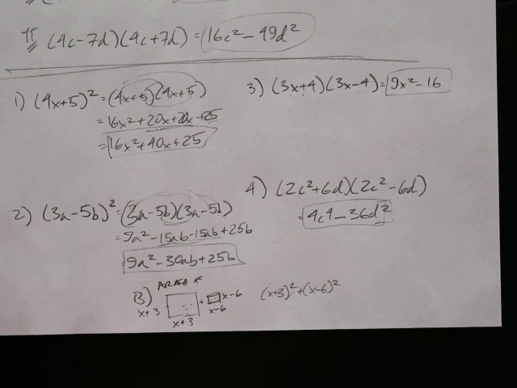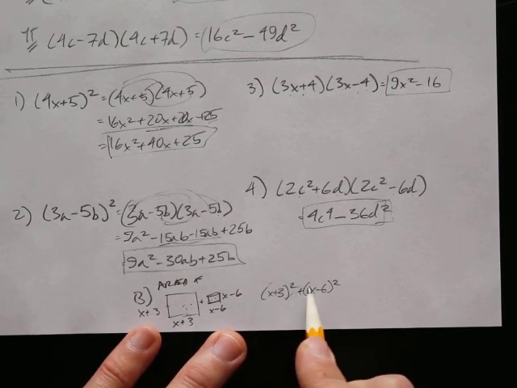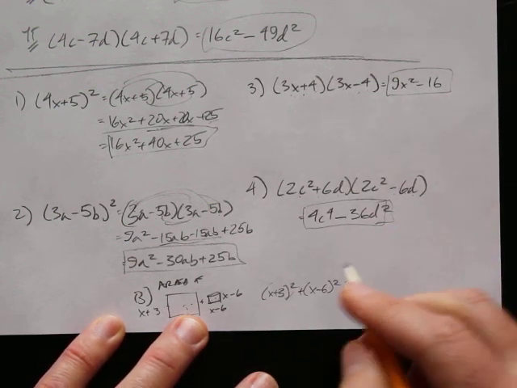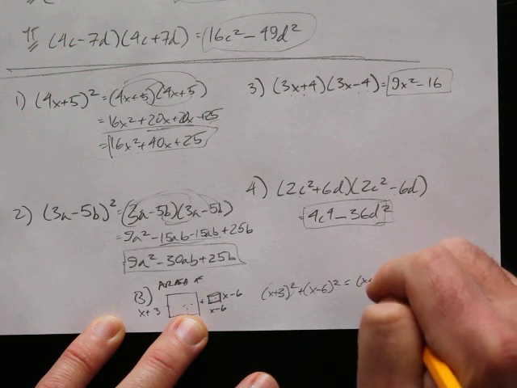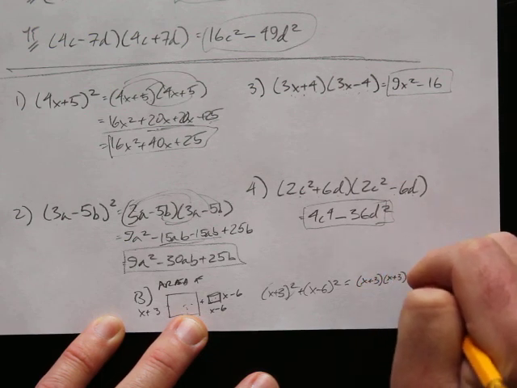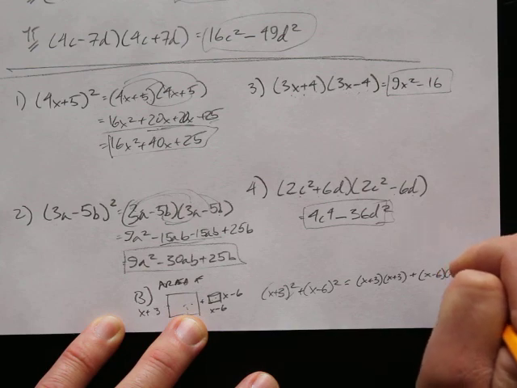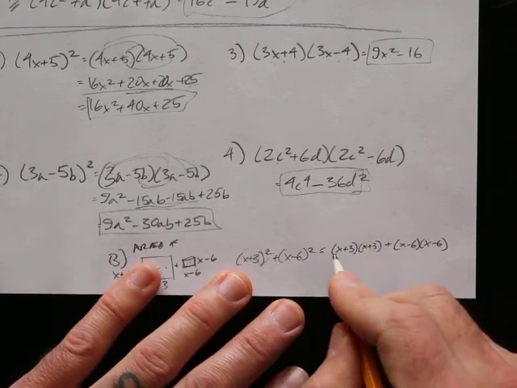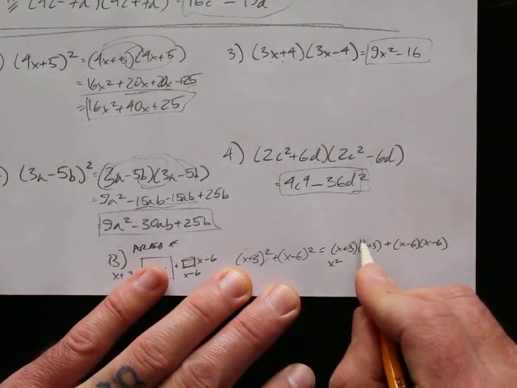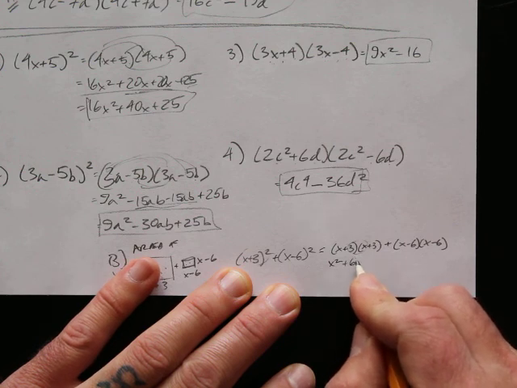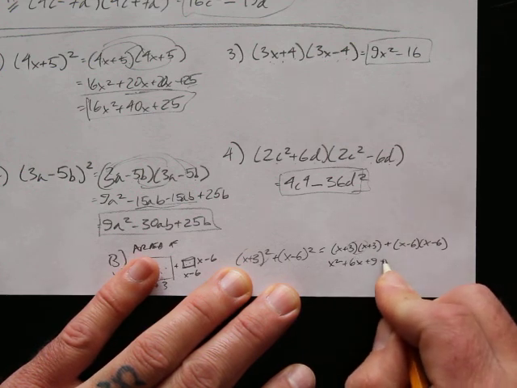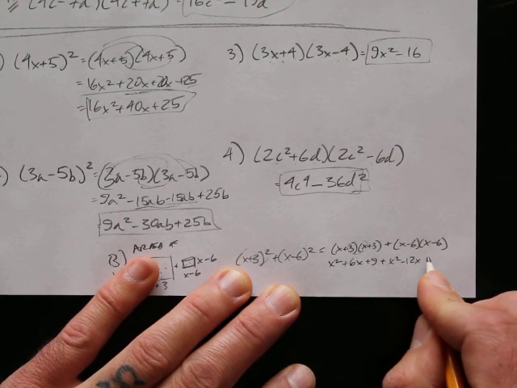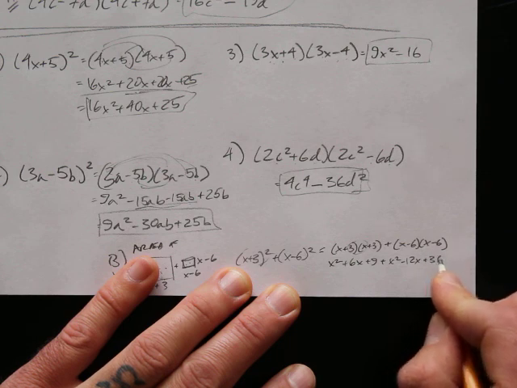And so now I want to write all of this out expanded. So I've got x plus 3 times x plus 3 plus x minus 6 times x minus 6. Okay, I got to write really small here, sorry. So this is going to be x squared plus 6x plus 9 plus x squared minus 12x plus 36.